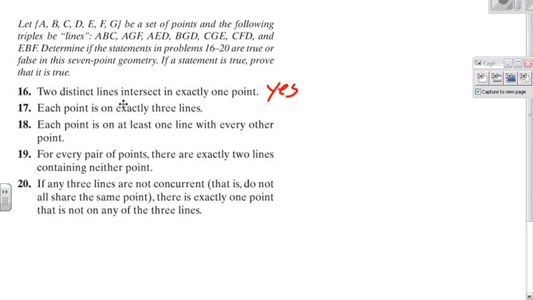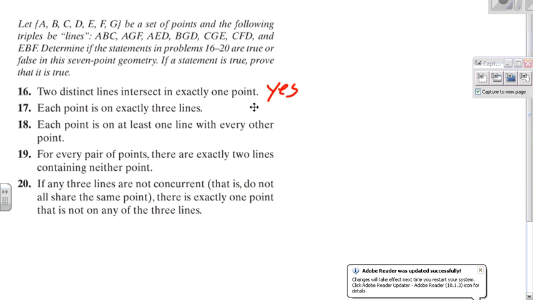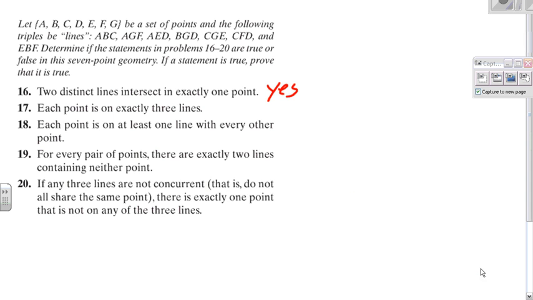Each point is on exactly 3 lines. A, and that's it. B, and B, and that's it. C, and C, that's it. Point D is shared in 1, 2, 3.